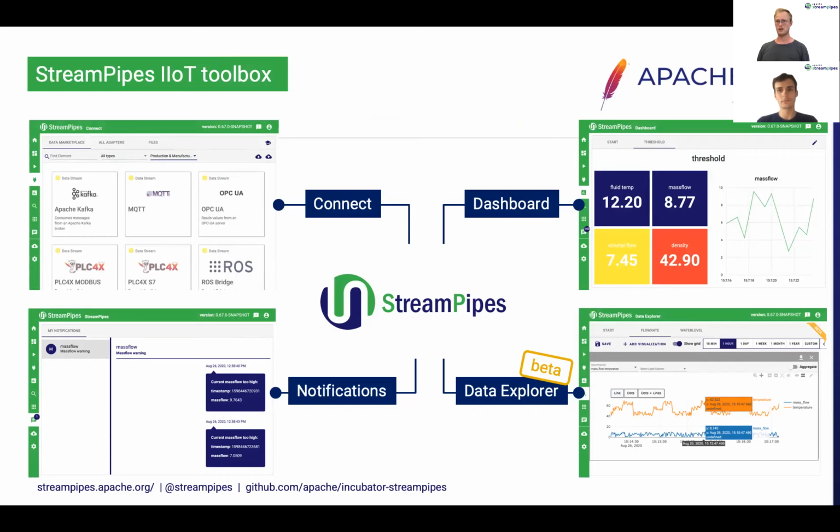And then we can also set up notifications for certain events that occur in our system. Finally, and this is still in the beta, is the Data Explorer, which serves as a place to explore the data and also to label the data. And then finally, one could export a labeled data set with minimal manual overhead.